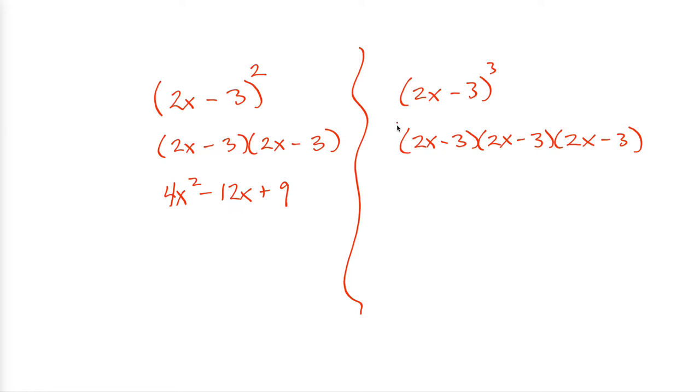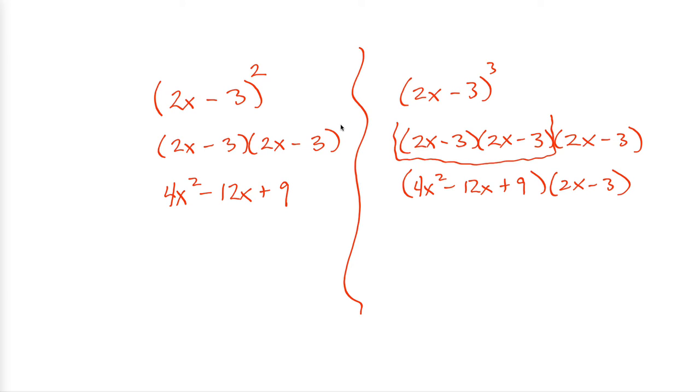So what you would have to do is pick any 2 parentheses, multiply them first, and then take that answer times 2x minus 3. And then this we could distribute like we did yesterday. Now I don't know the answer off the top of my head. I'm fine not doing it.